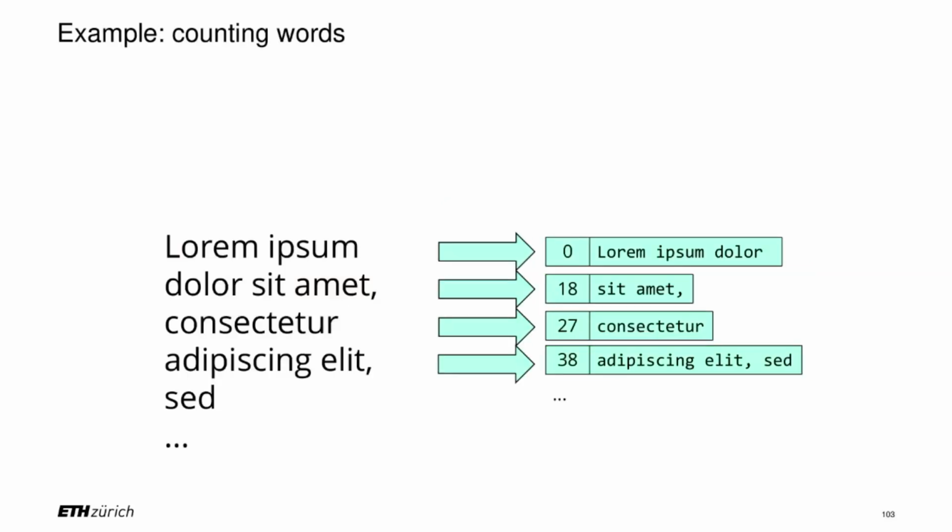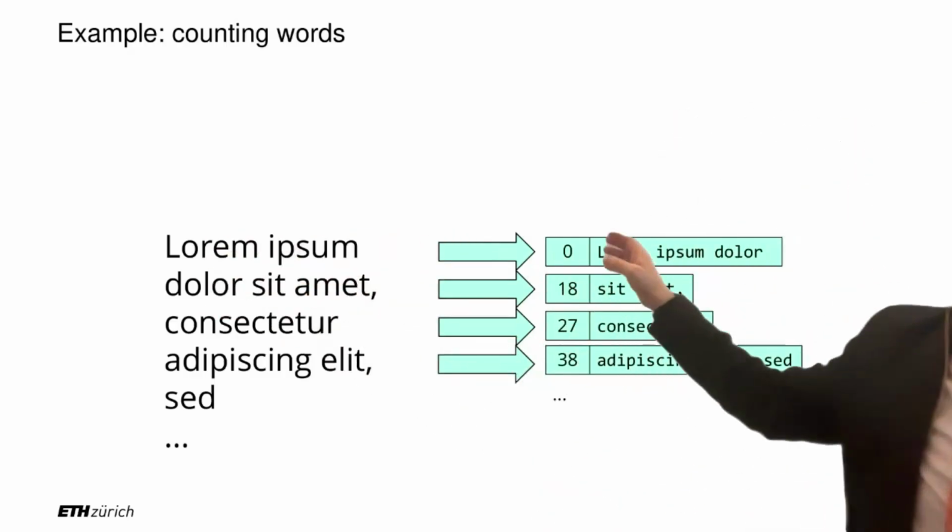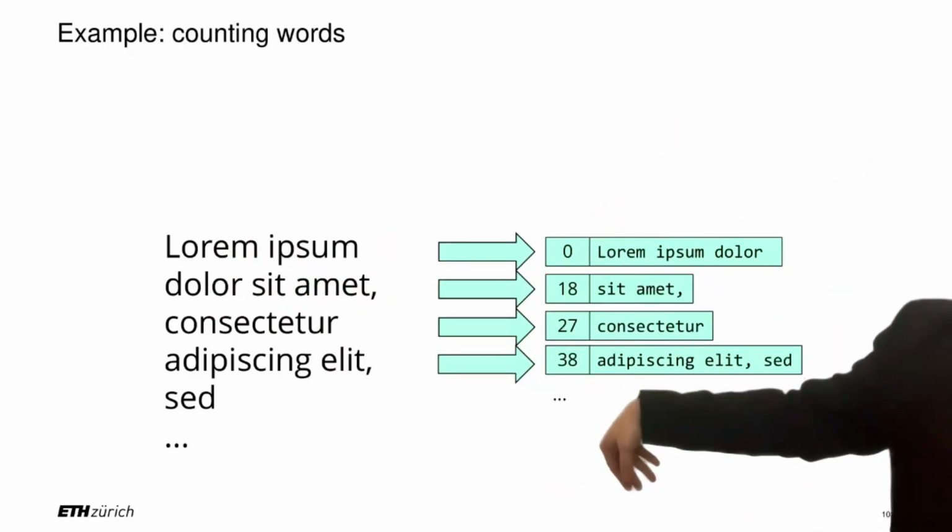Here's an example. Imagine that your input is text. You have all the Shakespeare or Sherlock Holmes on the HDFS. So the first thing you need to do is turn it into key value pairs. We do it like the Pokemons, meaning that we do dummy keys. So every line of text gives me a key value pair, and here I just put in the key whatever I want.